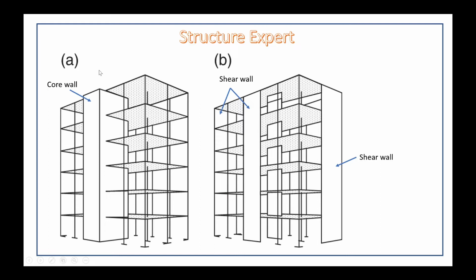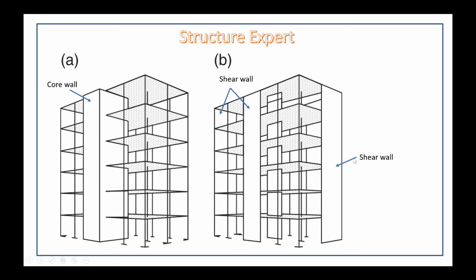Now we will talk about the classification based on the topology, or we can say classification based on visualization. When you see one structure has a core wall, and this structure at the right-hand side has shear wall in both directions.